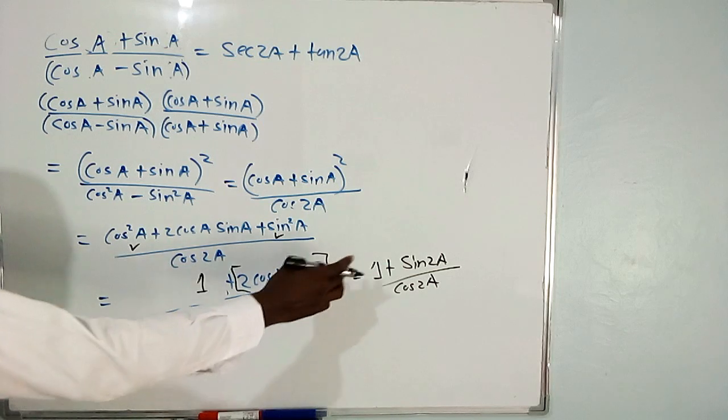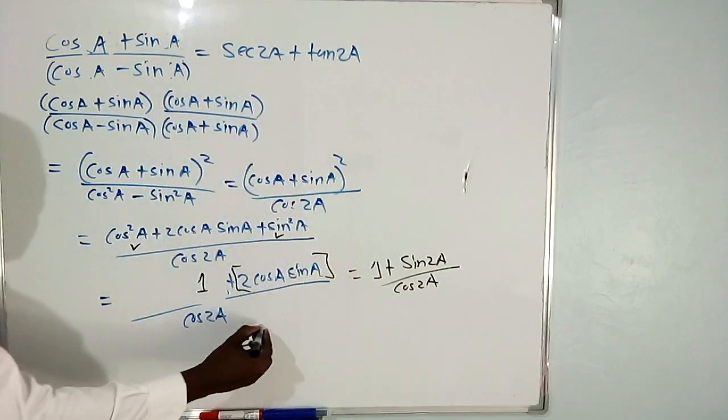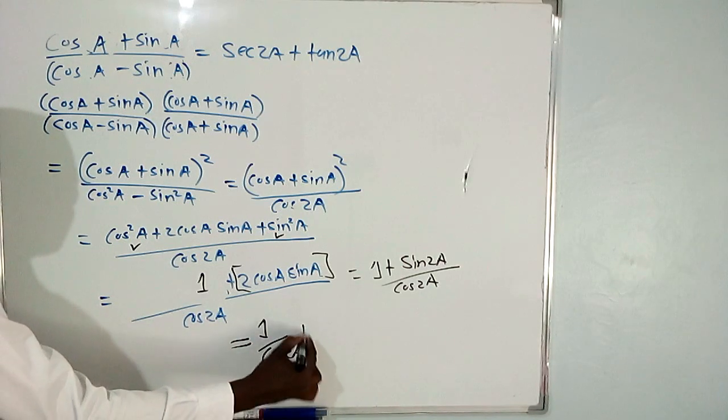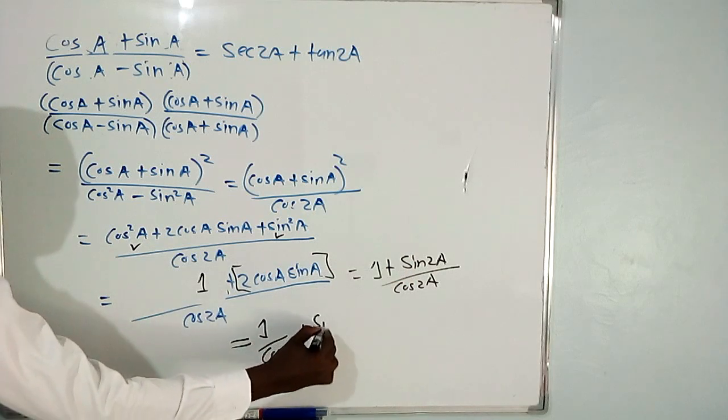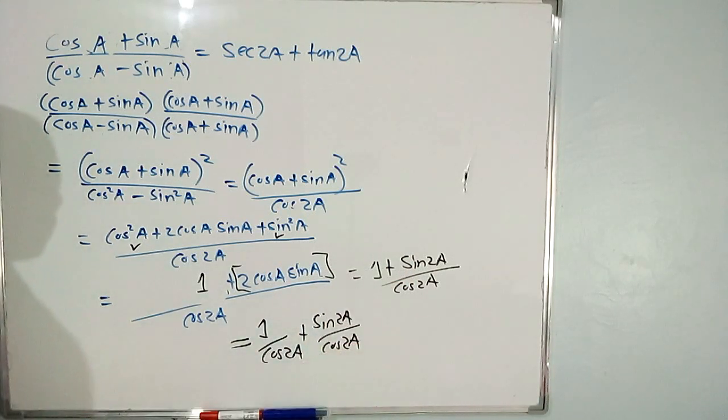So now the denominator we are getting rid of it because the denominator is not on the right hand side. So this is the common denominator. So it's like we have 1 over cos 2A plus sin 2A over cos 2A, isn't it? Are we together?